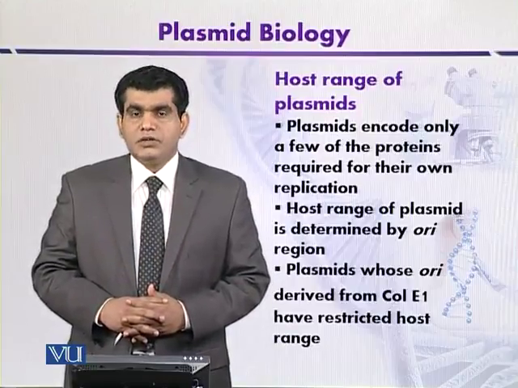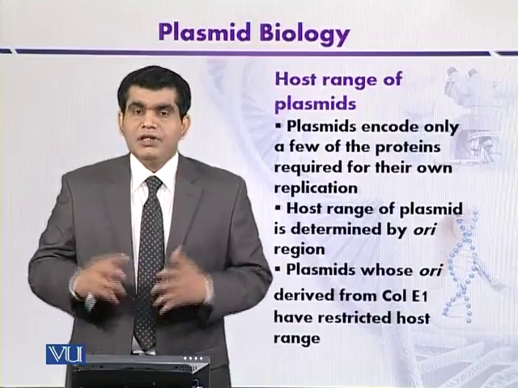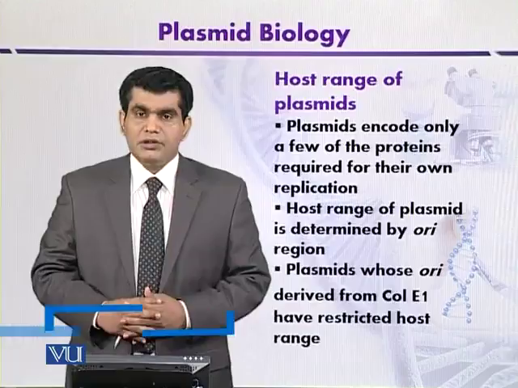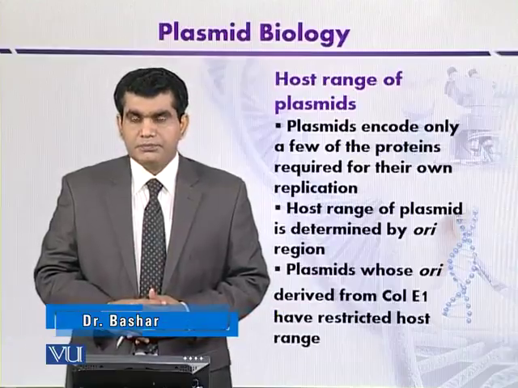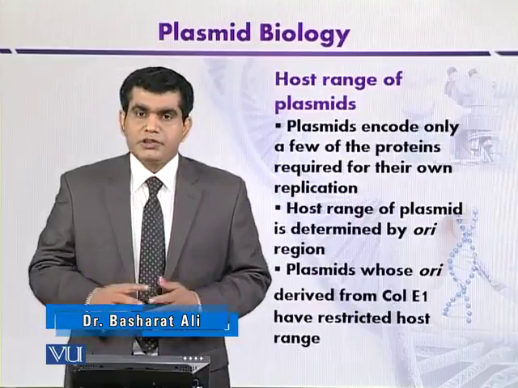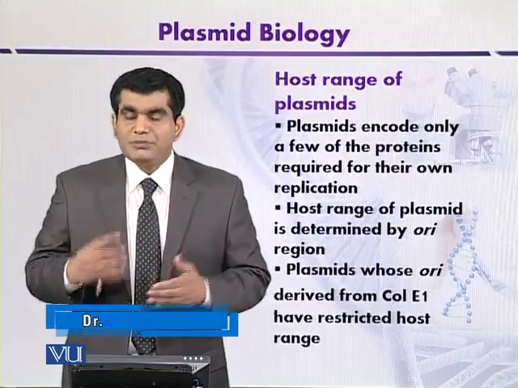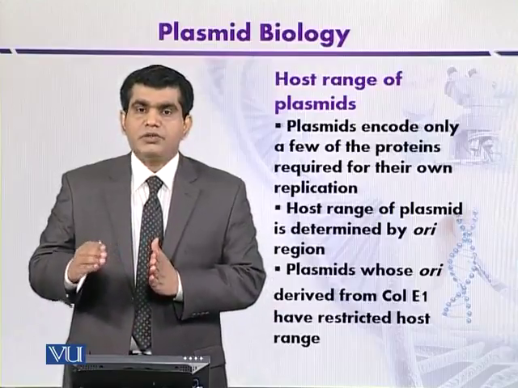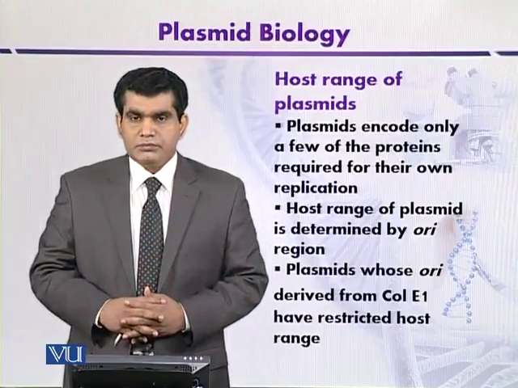ORI, or region of replication, is the point where DNA replication mainly starts. So the genes that encode proteins for plasmid replication reside very close to the region of replication.